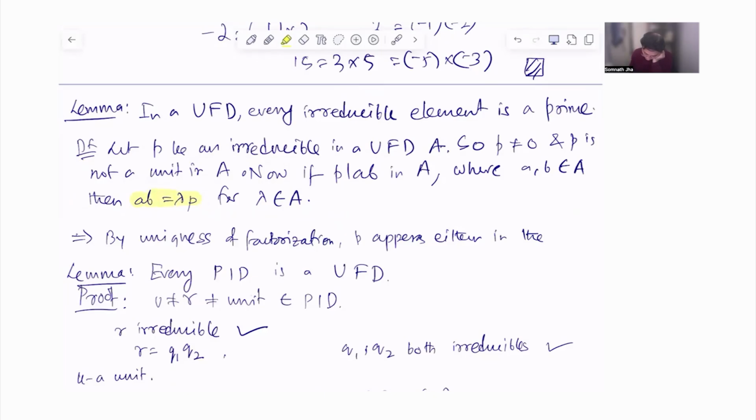You look at both sides. AB equals lambda times P, and P is an irreducible in A, right?